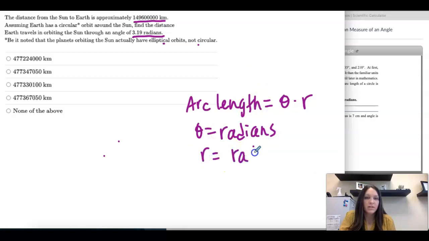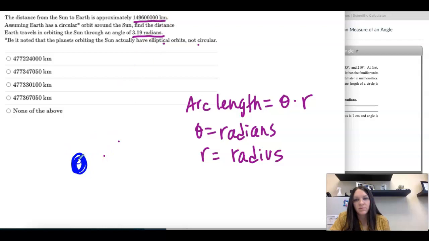R is radius. So think about what's happening. We have Earth, Sun.